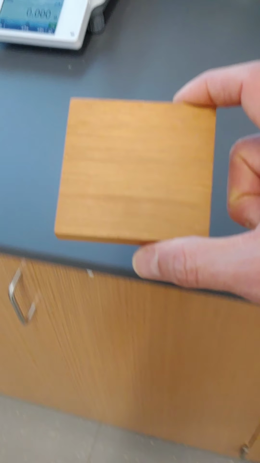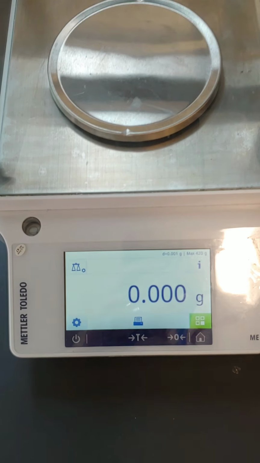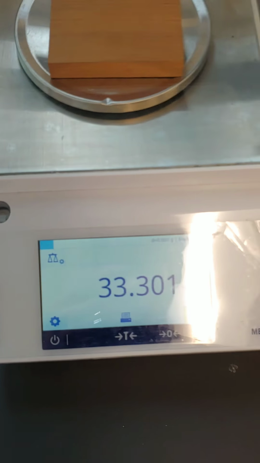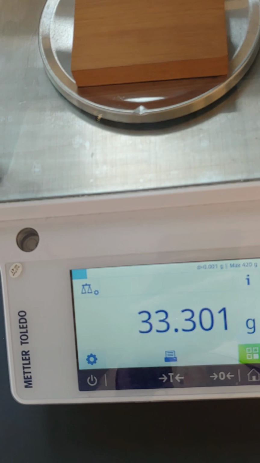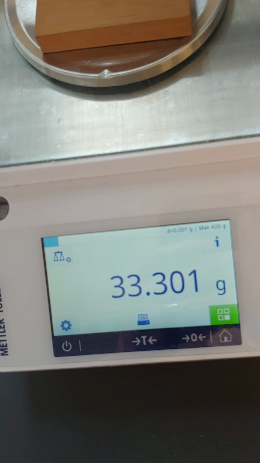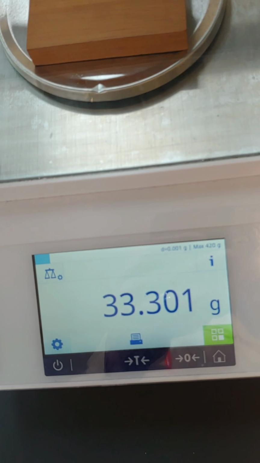I'm going to take that over here to the balance, and I'm going to weigh that block of wood, and we can see that one block of wood is 33.301 grams.